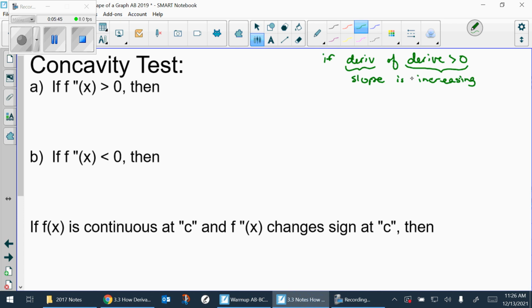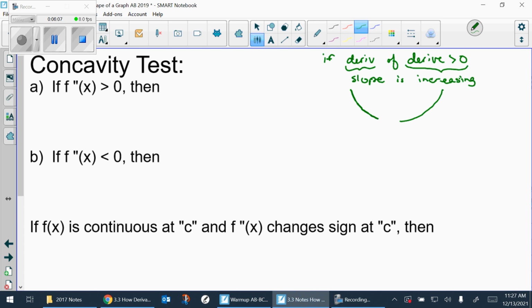The slope is getting bigger and bigger and bigger. And if the slope is getting bigger and bigger, I might have a situation that looks like this. I might also have a situation that looks like this, where the slope starts out very negative, but then becomes bigger and bigger.